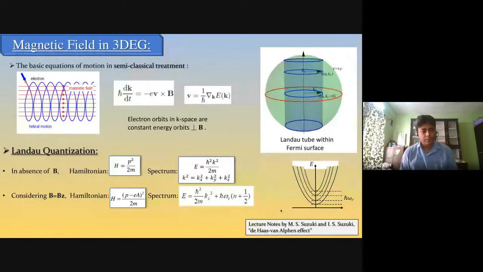Now if we go to the third dimension, you will see that the 2D cyclotron loop of the electrons can now advance forward in the third direction, in the magnetic field direction, and then you will get a helical motion.